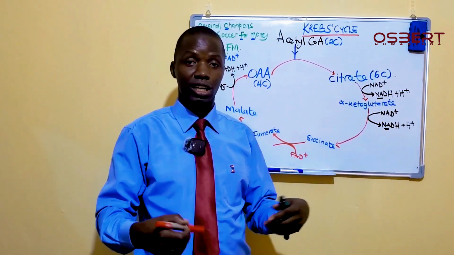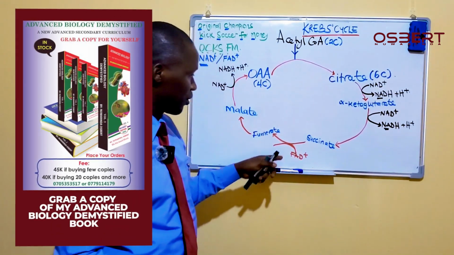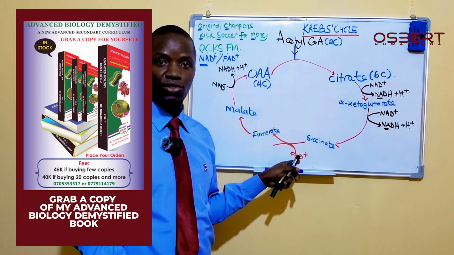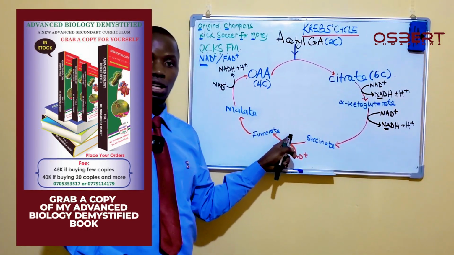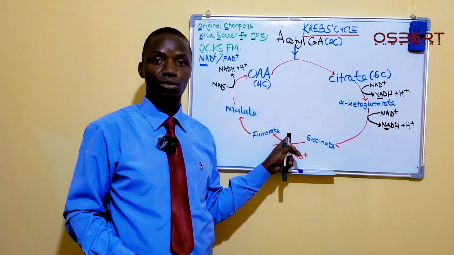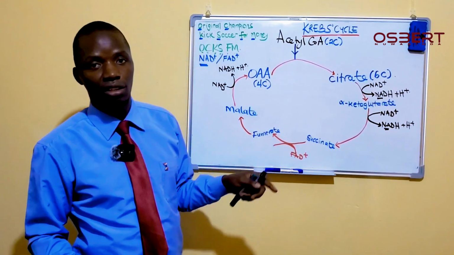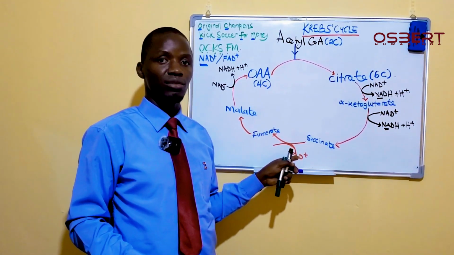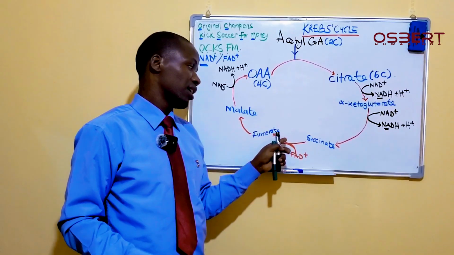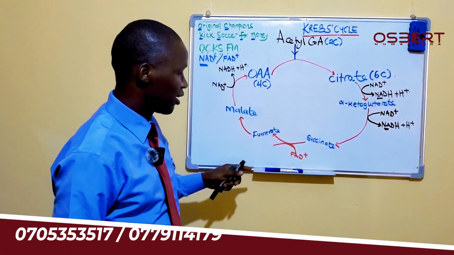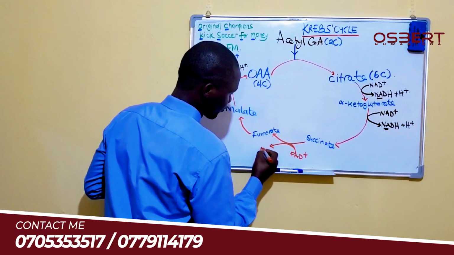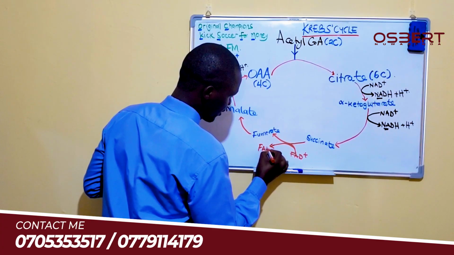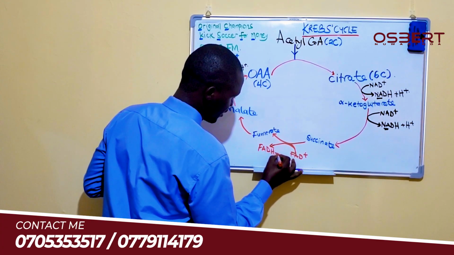But for this one, when you go to its chemistry and its reaction, it will pick 2 hydrogen ions and also pick the 2 electrons. And after picking the 2 hydrogen ions and the 2 electrons, we shall end up forming our FAD, but now this will be FADH2.